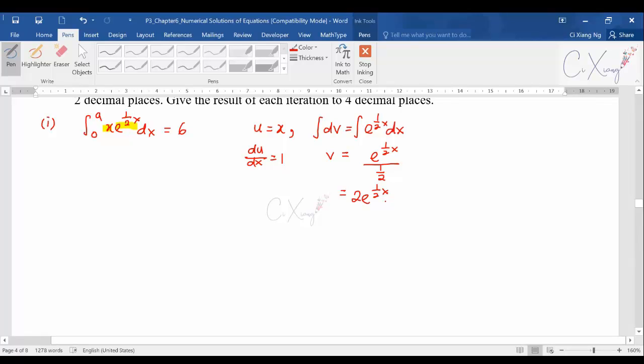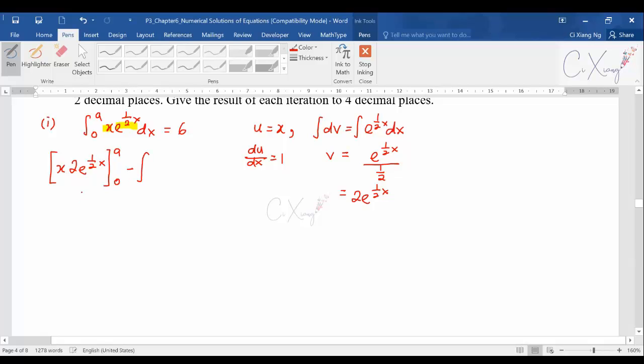Once I have done this part, I will continue with the steps. The integration by parts formula is uv. What is your u here? Your u is x. What is your v? v is 2e^(1/2 x). Then square bracket, with limits a and 0.